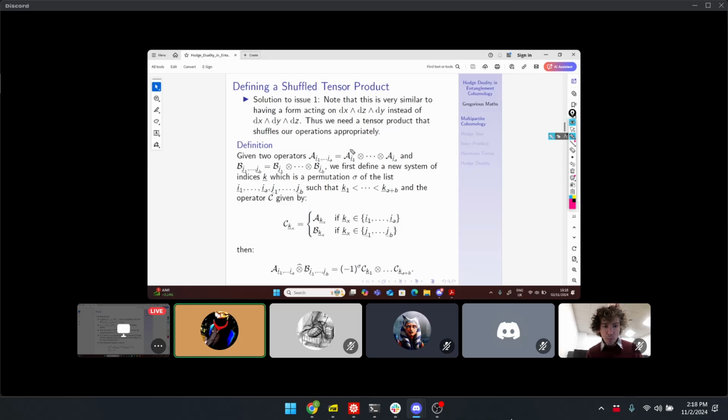So if we're given two different operators, A and B, which act on I1 up until IA and J1 up until JB, then firstly, we'll define a new set of indices, which basically just combines all of these indices together and puts them in order.